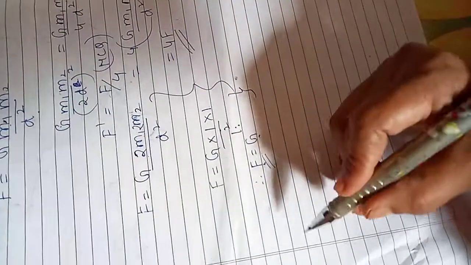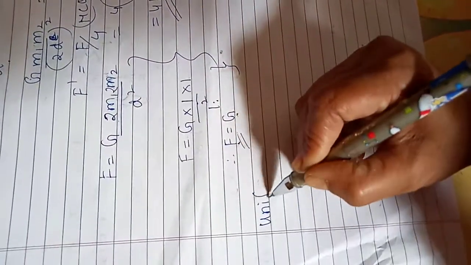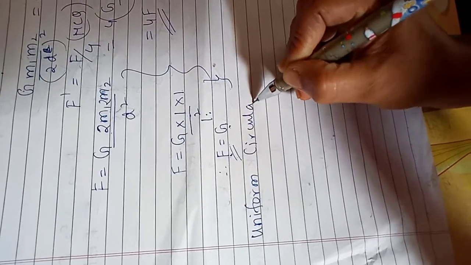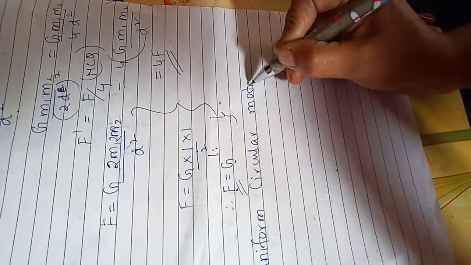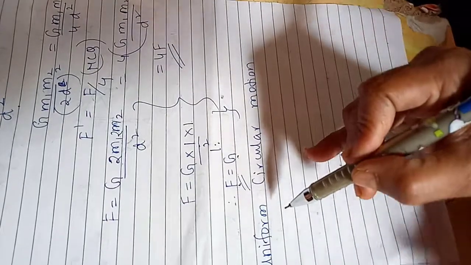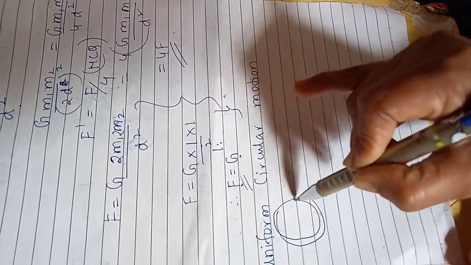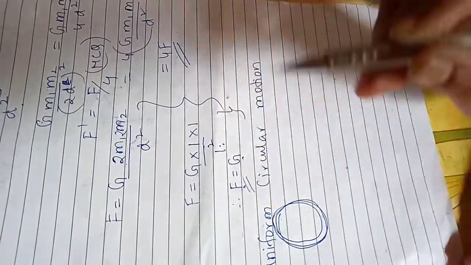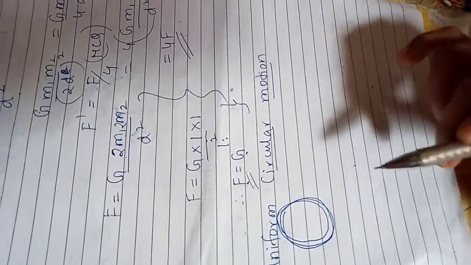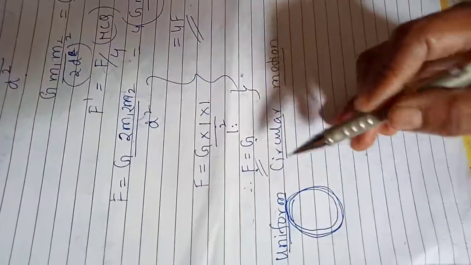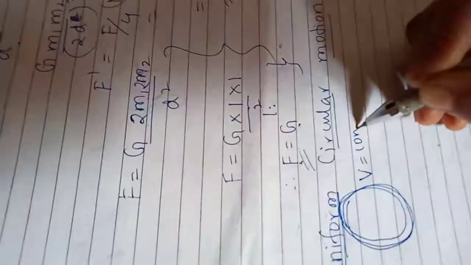Now we will enter into something called uniform circular motion. So what is circular motion? Follow my hand. Circular motion is the motion along the circumference. This is called normal circular motion. When this circular motion becomes uniform, when the velocity or the speed is constant.